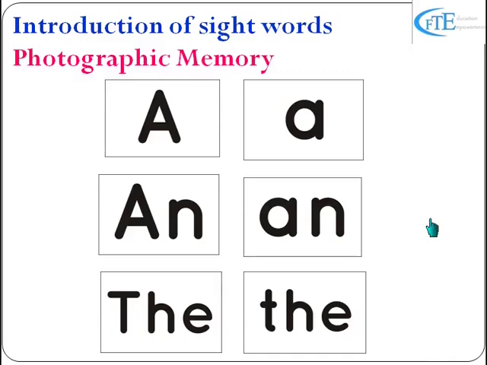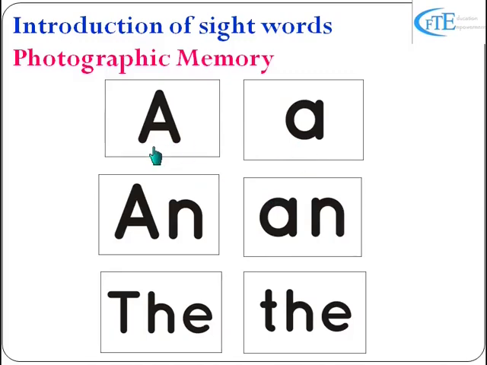And the first 3 words we introduce are always the articles because these are the most commonly used in a sentence. You could have flashcards with the uppercase on one side and the lowercase. And this is the way you need to teach it.